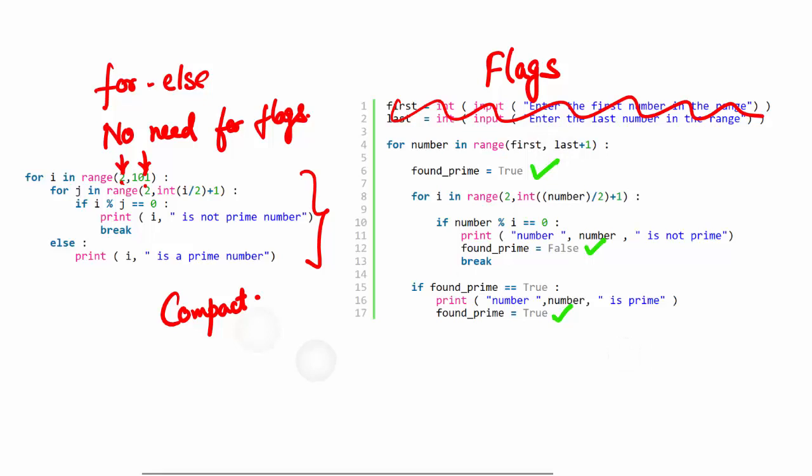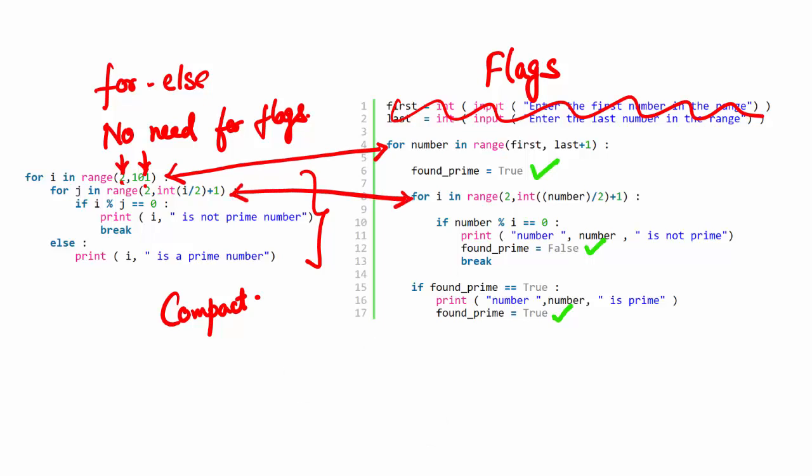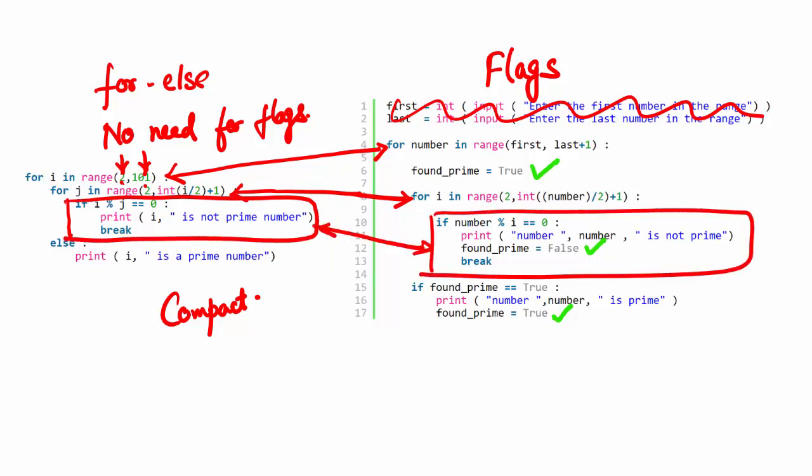This is doing the same thing as this line. This line is doing the same thing as this line, right? And this if statement is doing the same thing as this if statement. And finally, we have another print statement that this thing is doing.